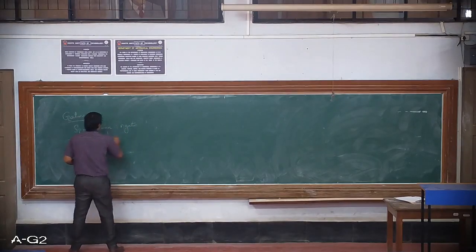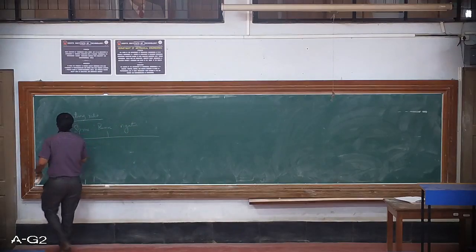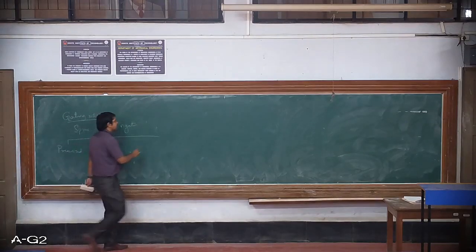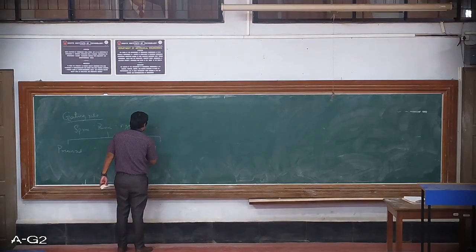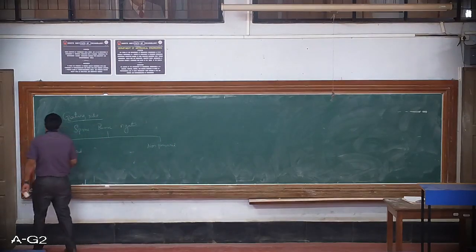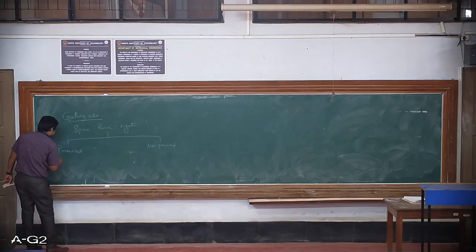Again, we have two types. One is pressurized, another one is non-pressurized. We have area here as 1:2:1 or 1:2:1.5.